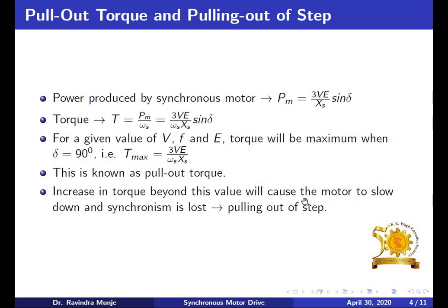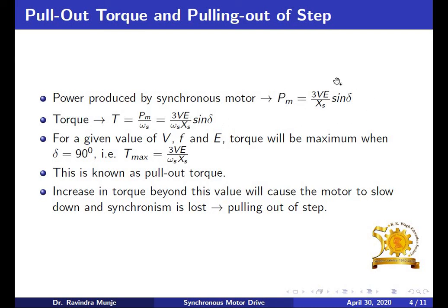Now we will see some terms related to pullout torque and pulling out of step. Power produced by synchronous motor is given by Pm is equal to 3 times VE upon Xs into sine delta, where V is supply voltage, E is excitation EMF, Xs is stator reactance, and delta is the torque angle or power angle.